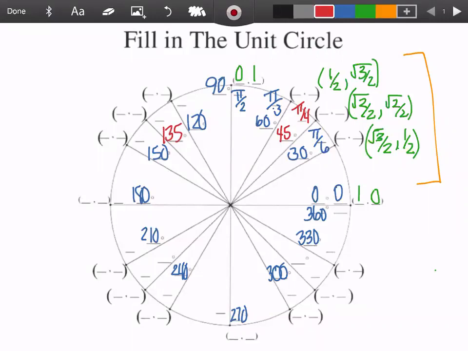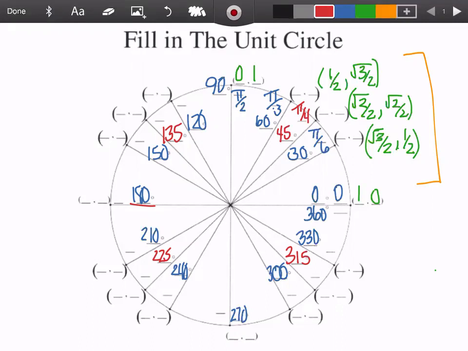And then 135 plus 45 gives us 180, which we already have. And then we're going to keep filling it out. Add 45 degrees to 180, you get 225. Add 45 degrees to 225, you get 270. And then we keep going with the fourth quadrant. We get 315 and then 360.